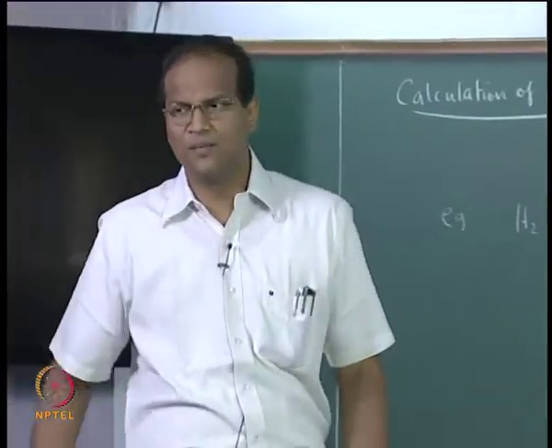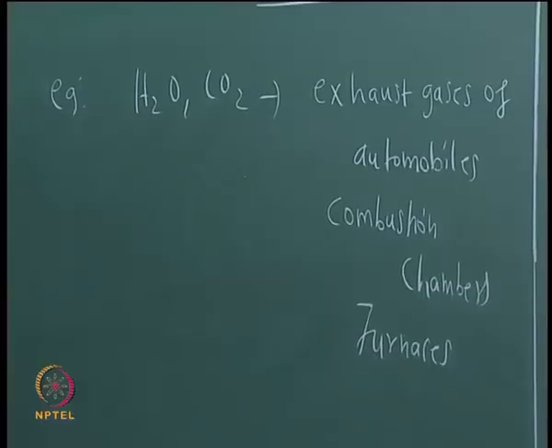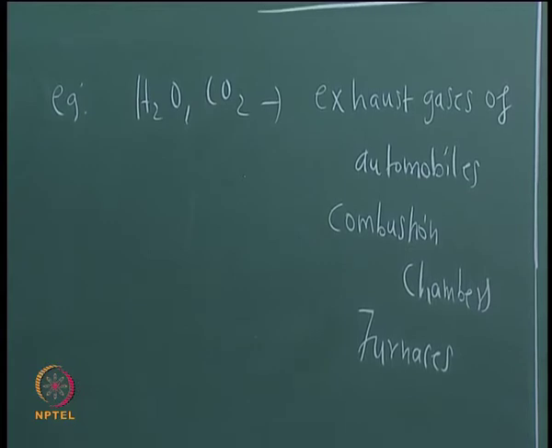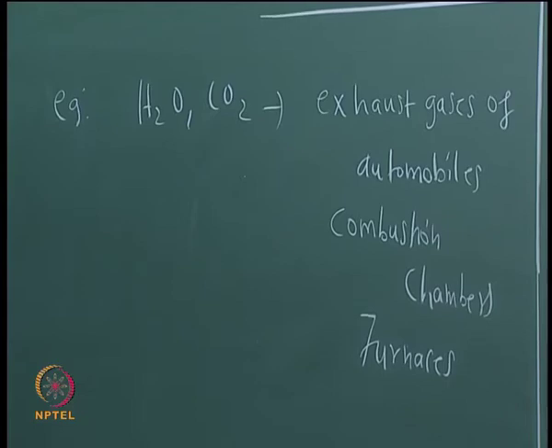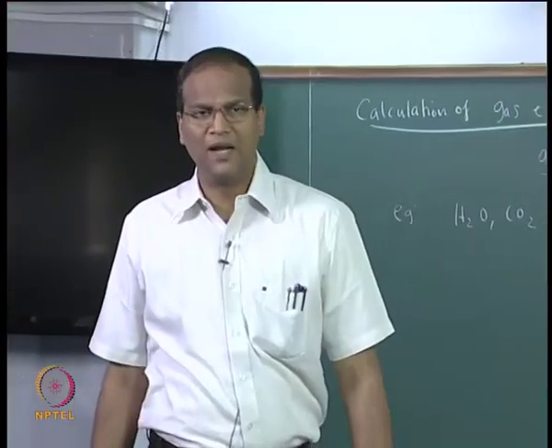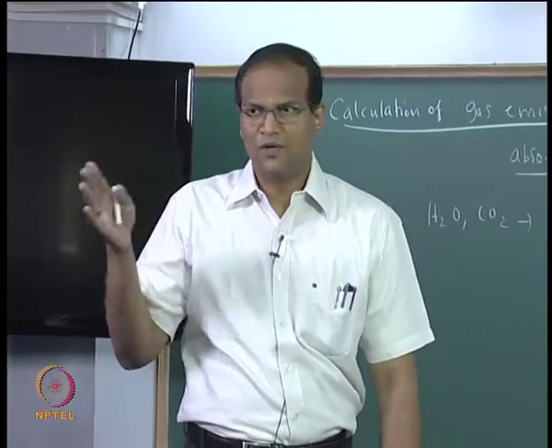Wherever you burn a hydrocarbon, you get this water vapor and carbon dioxide, and water vapor and carbon dioxide are both radiatively participating, okay, and they interact. So, there will be an overlapping band, you cannot separate out the absorption bands.